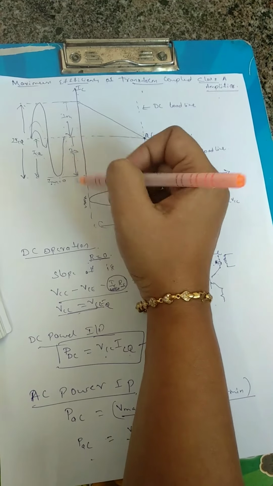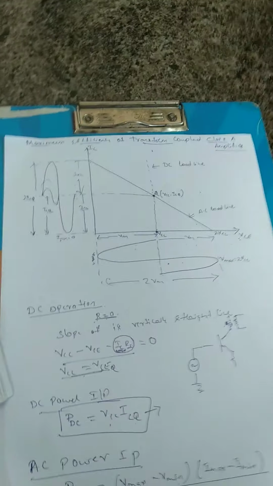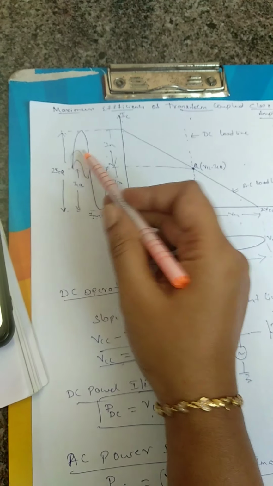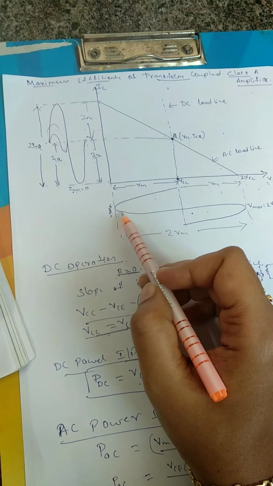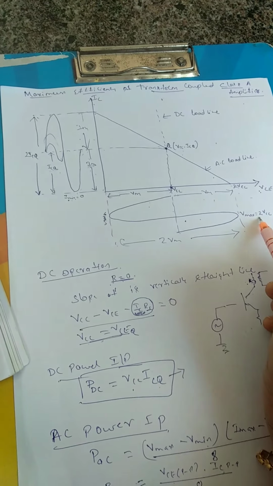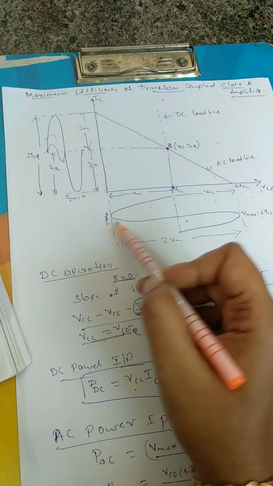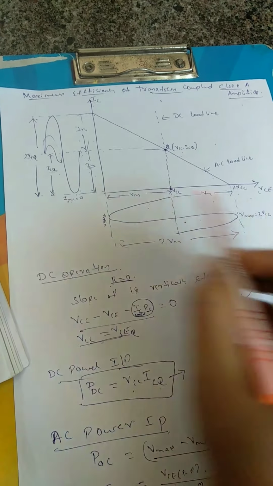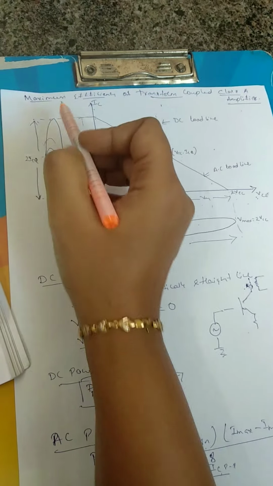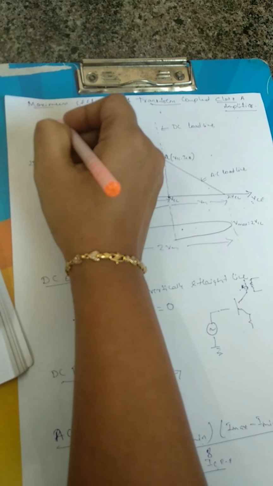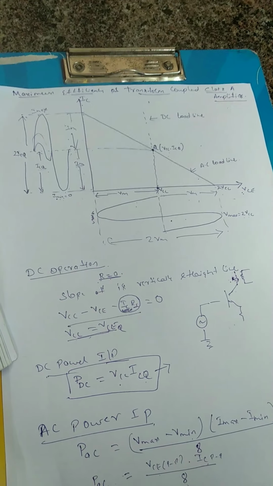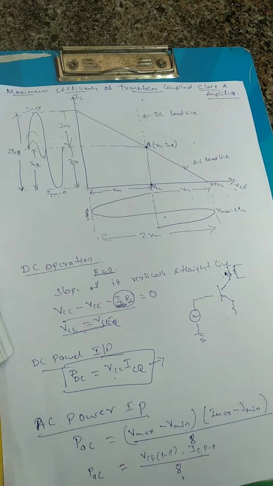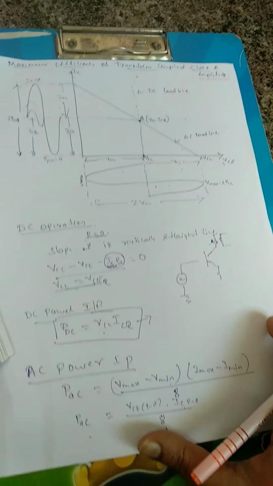So here it is 2 times ICQ, whereas VCE is varying from 0 to 2 VCC, that is V minimum is 0 and V maximum is 2 VCC. Here I minimum is 0 and I max is 2 ICQ. This is the maximum swing of voltage and current.